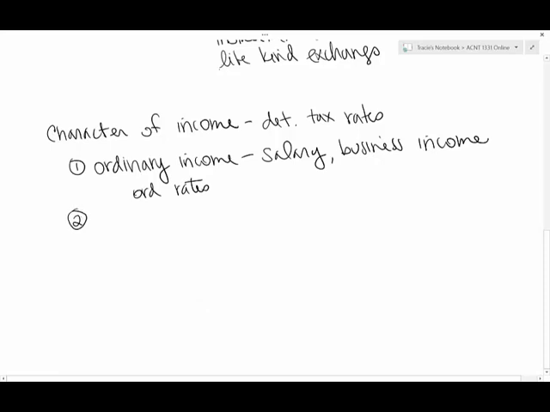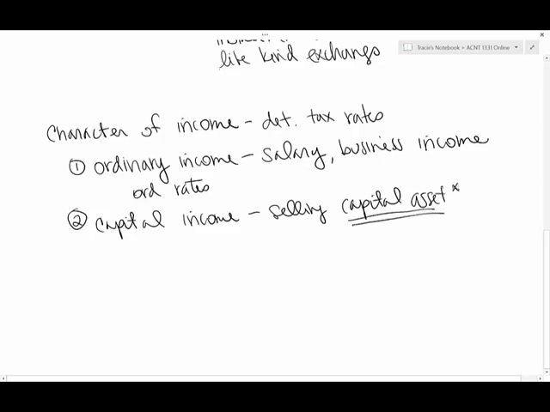Now, the second type of income is considered to be capital income. Capital income comes about from selling a capital asset. An important term in the tax world is the term capital asset, and you'll have to know what a capital asset is on the exams.